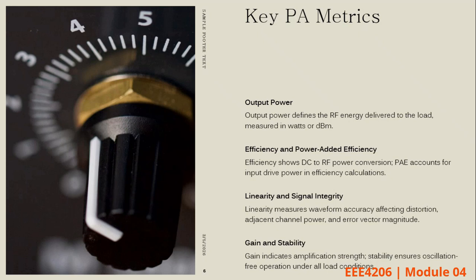And we also have the linearity. The linearity is extremely important in modern communication systems. This is where the amplifier needs not to distort your signal that is sent. It creates what you call interference in adjacent channels if it is not linear at all.